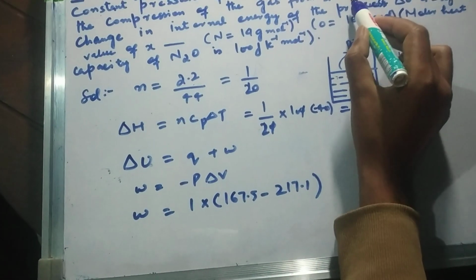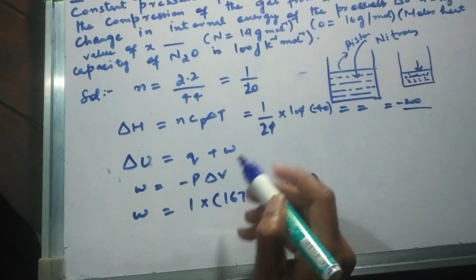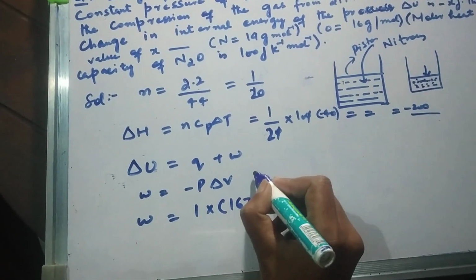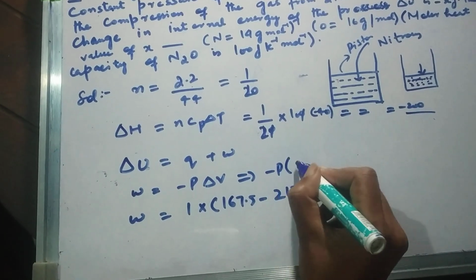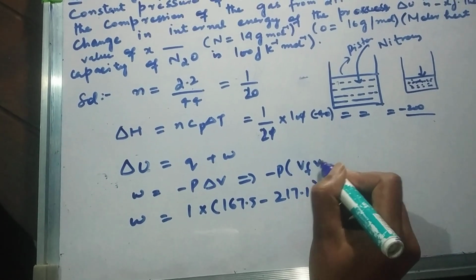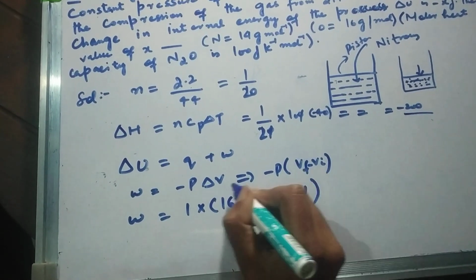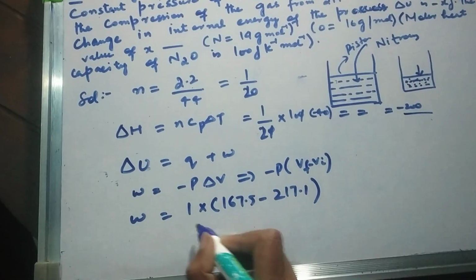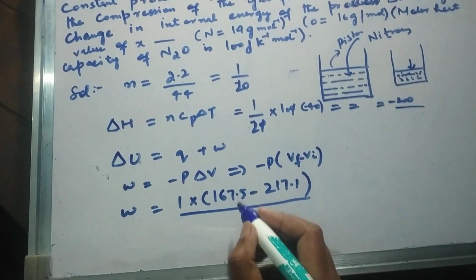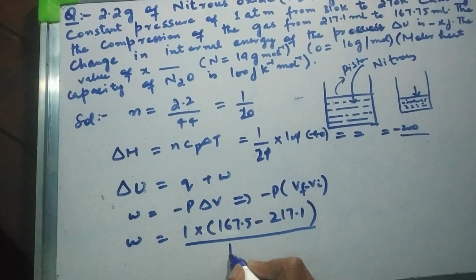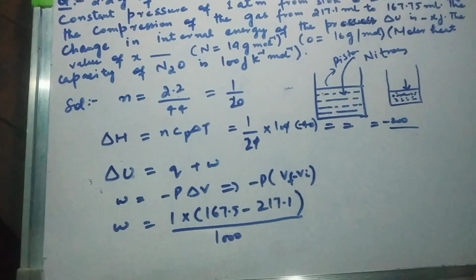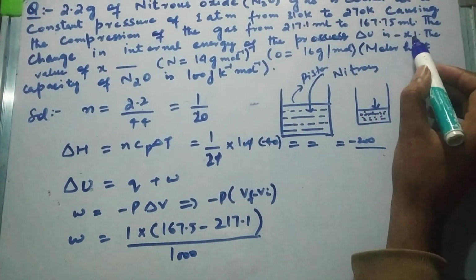This is given in the question. Delta V, final minus initial, I write here minus P into V final minus V initial. This is equal to delta V divided by 1000, because the volume is in milliliter, so I am going to divide this by 1000, because we need it in joule.